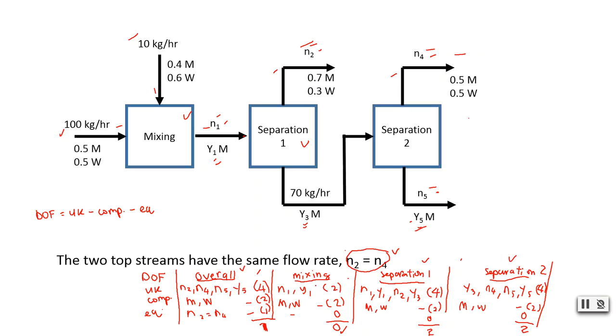Based on the DOF, we found that at the mixing process the DOF is 0, so we should start by solving the mass balance in the mixing process first, before we can get more information and more data about N1 and so on, so that we can solve the other processes as well. So we need to start from mixing. So let's just start with the mixing process.